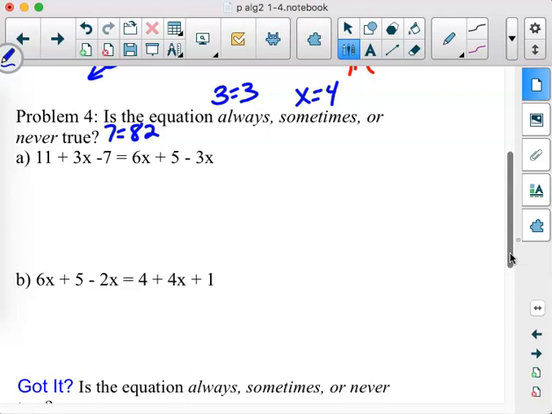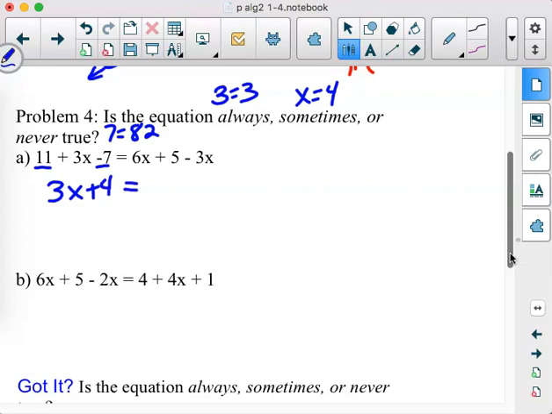So for A, I take a look at this and I notice, hey, there's too much gunk on the left and there's too much gunk on the right. It's because it's not simplified yet. I have to put my two constants, my two numbers together on the left-hand side. So 11 minus 7 is 4. Now I'm not moving them over.